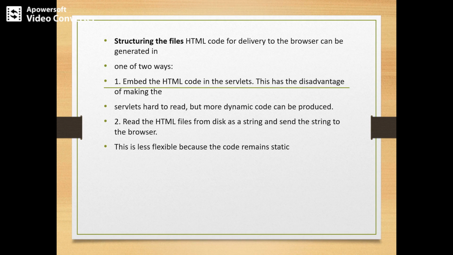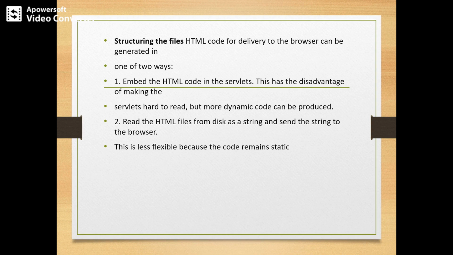The HTML code for delivery to the browser can be generated in one of two ways. One is to embed the HTML code in the servlet. This has the disadvantage of making the servlet hard to read, but more dynamic code can be produced.